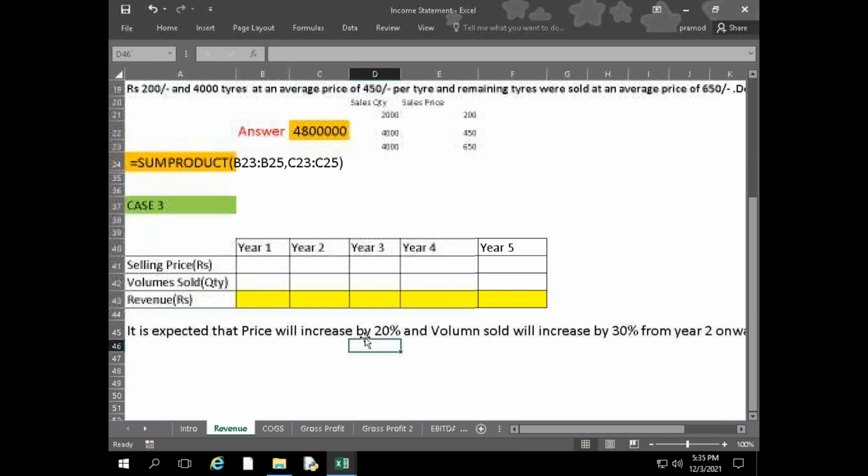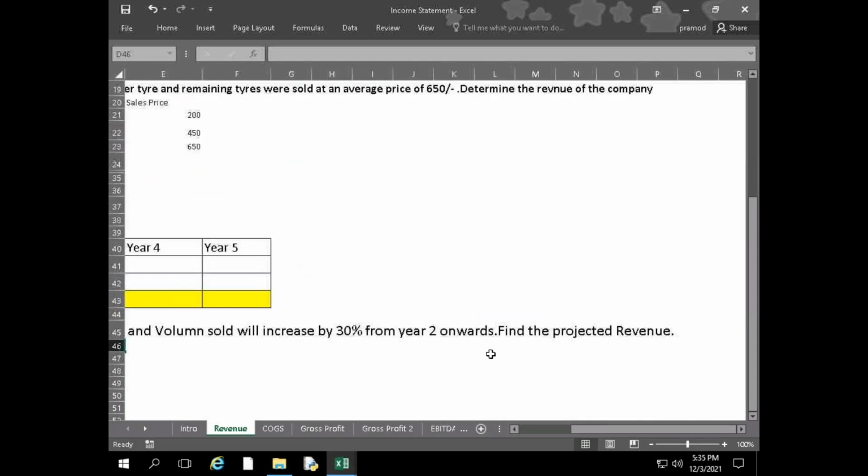Sir, should we take the first year or the second year also from case one only, sir? What they have told is that from the second year onwards you find the increased percentage.